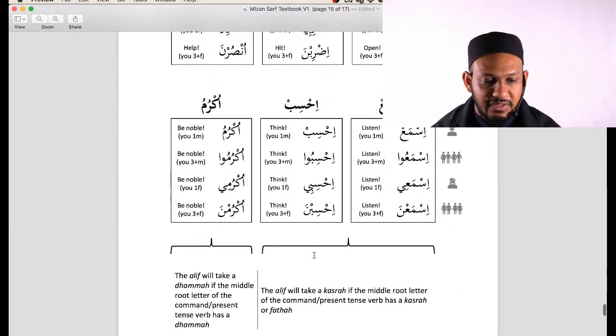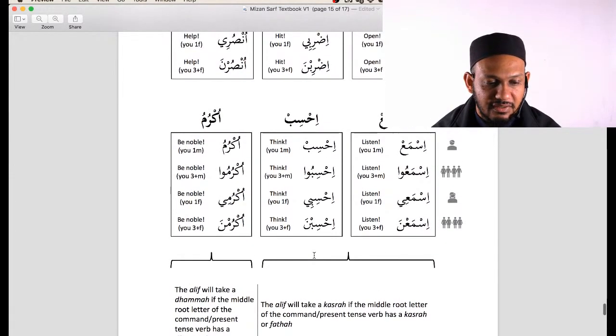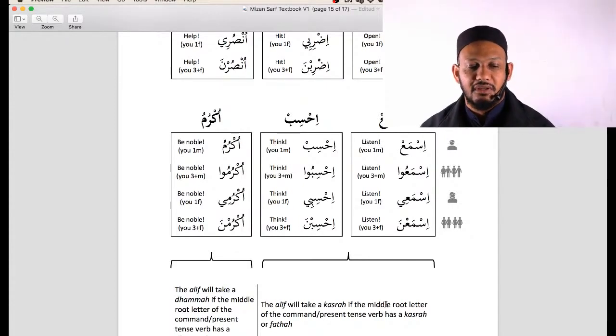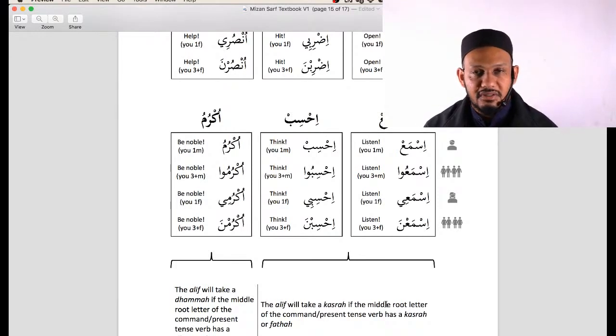Okay. So basically here at the bottom it will give the answer. It says here, the alif at the beginning will take a kasrah if the middle root letter, listen carefully, of the command slash present tense verb has a kasrah or a fatha. Just process that.